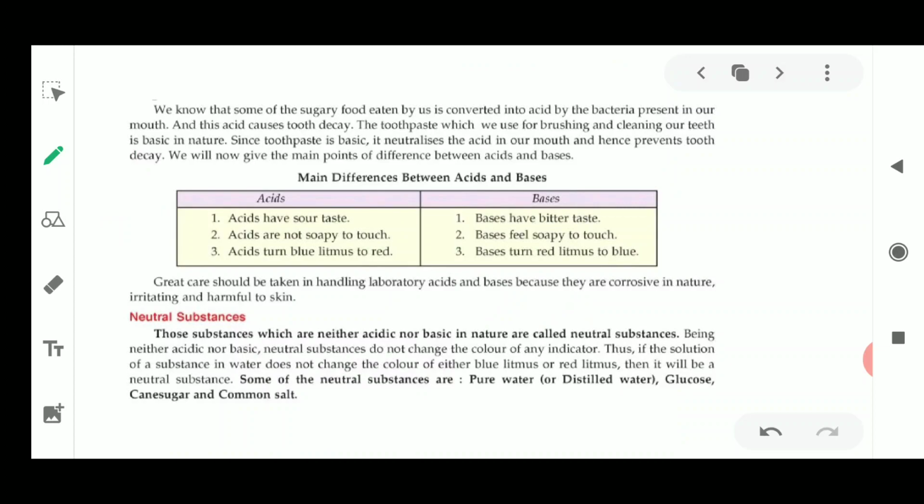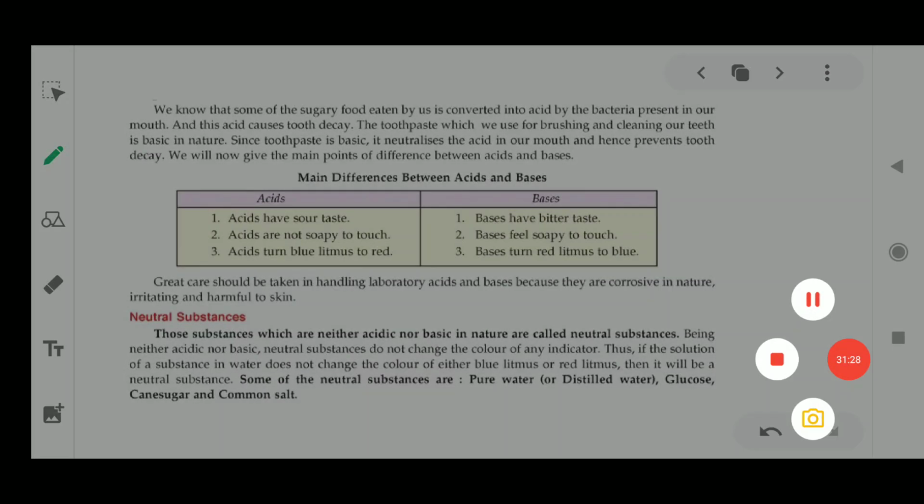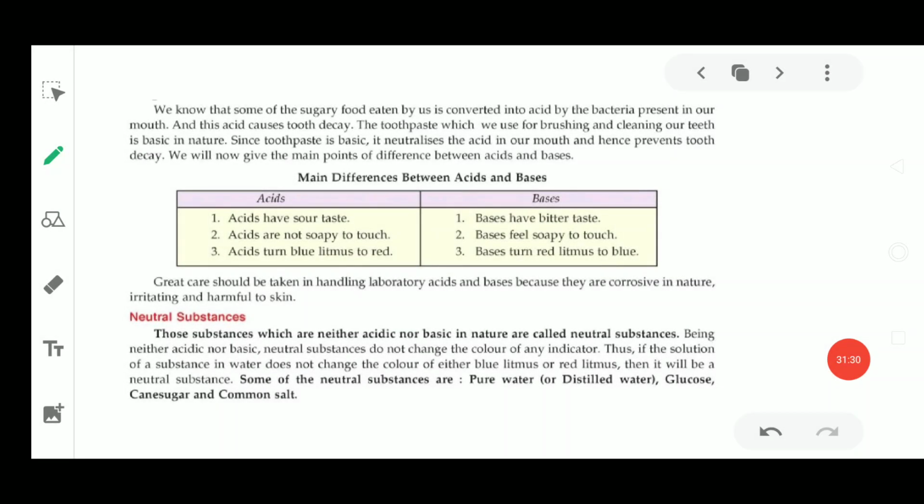The bacteria produce acid in your mouth and corrode the enamel of your teeth. So we have to clean these acids by brushing the teeth properly, and since acid is present, we use toothpaste.